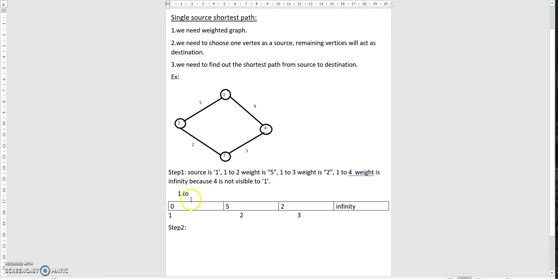First I have calculated 1 to 1, so 1 to 2, 1 to 3 and 1 to 4. Now I am going to take vertex 3 because it is the second lowest weight in the paths. So I need to calculate from 3 to the remaining vertices.